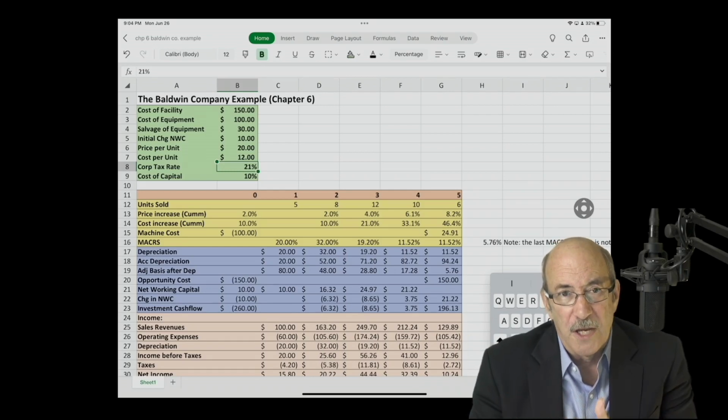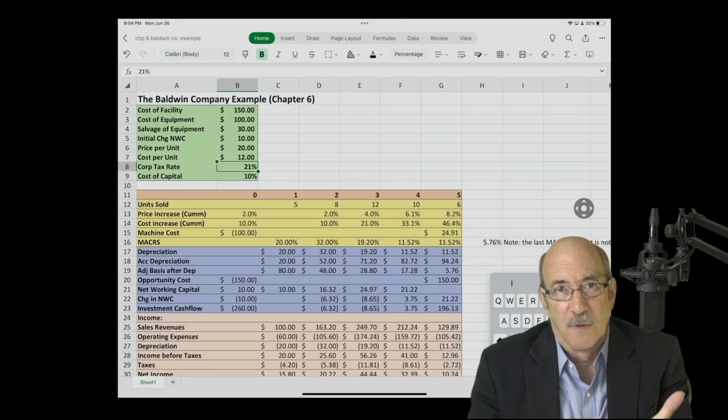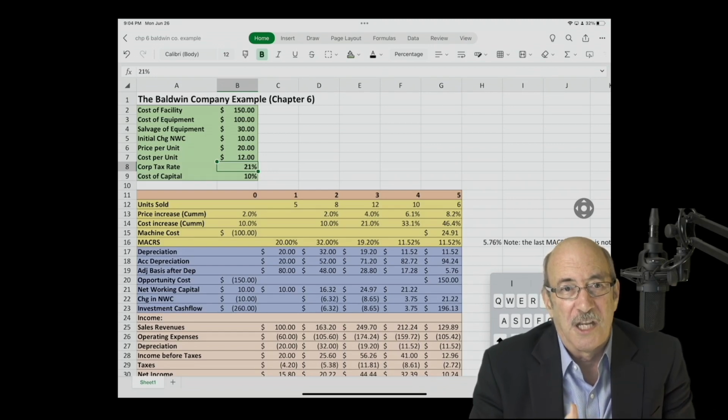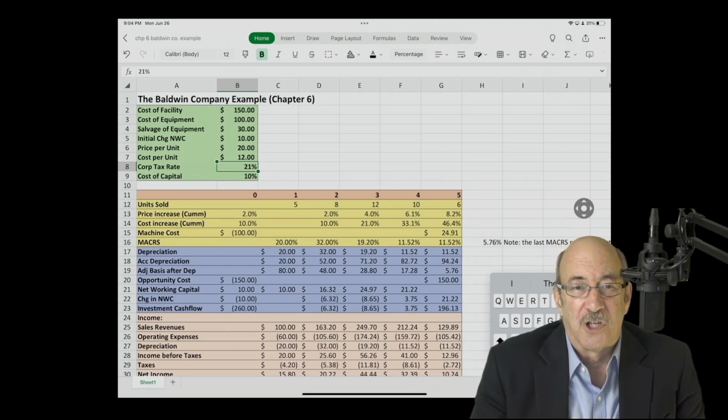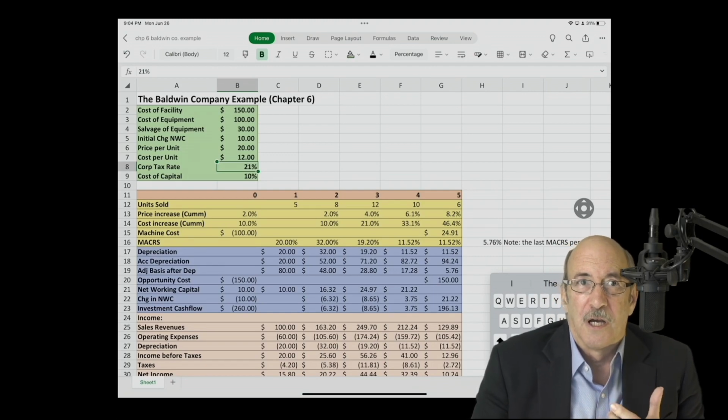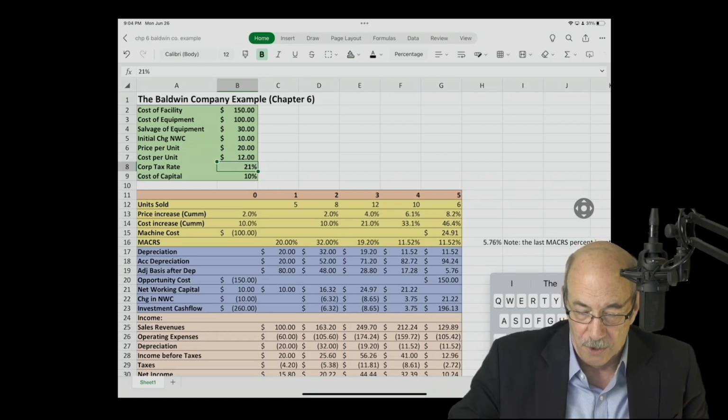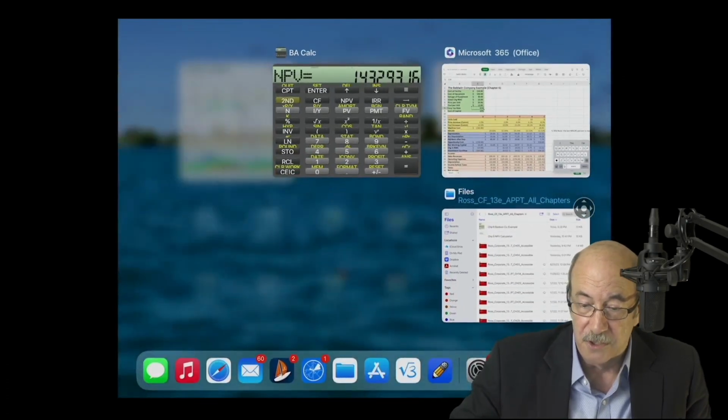So there are some ways you can do this. You could do something as simple as what I just demonstrated here by changing one number up or down and looking at your net present value. But an even better way to do this is to use something called a Monte Carlo simulation.